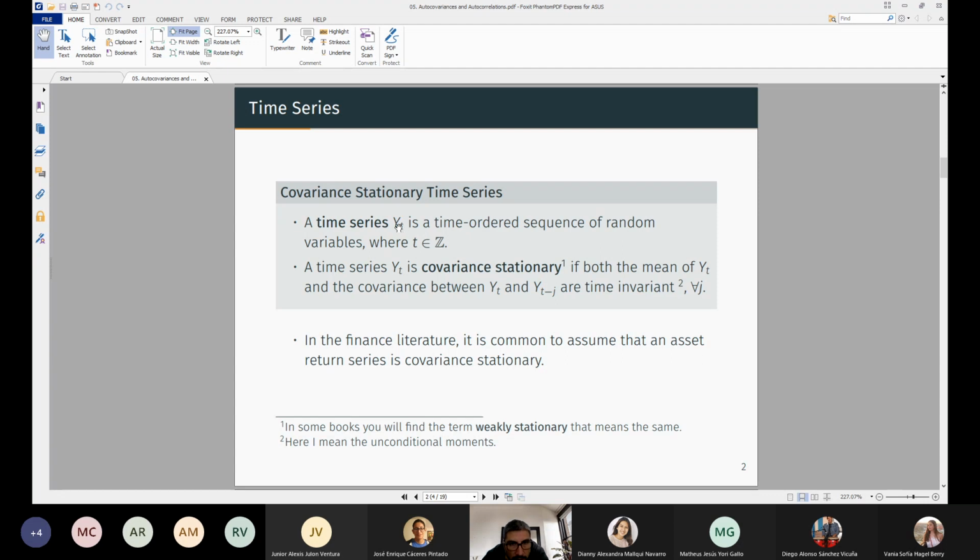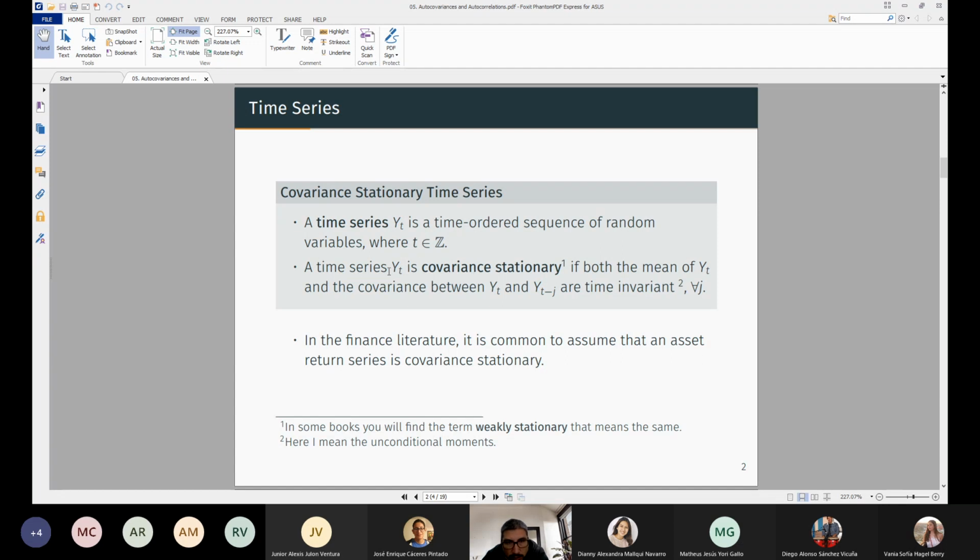Where this guy, the index in the time series, is an integer. Okay. The stochastic process, on the other hand, is more general than the time series. In the stochastic process, t can be any real number. Then, from all the time series, there are some that are called covariance stationary, okay? Or just stationary.